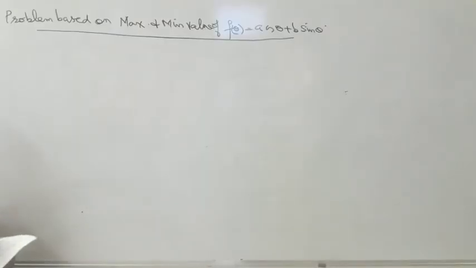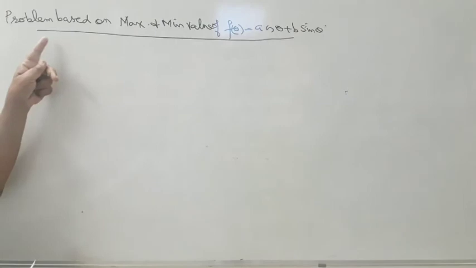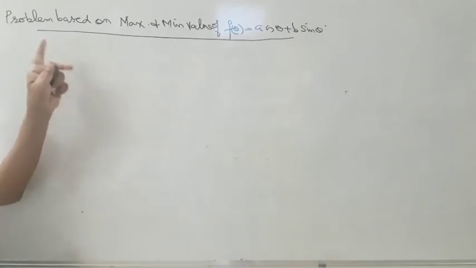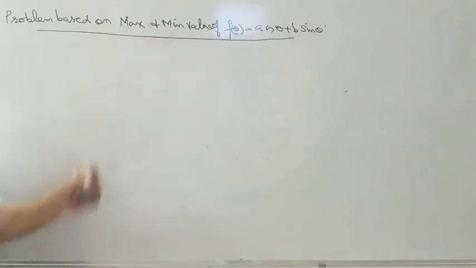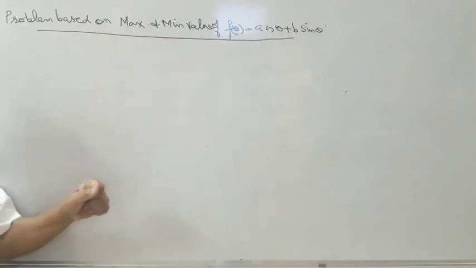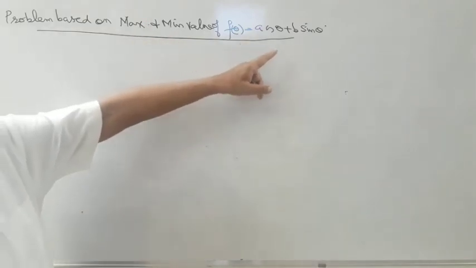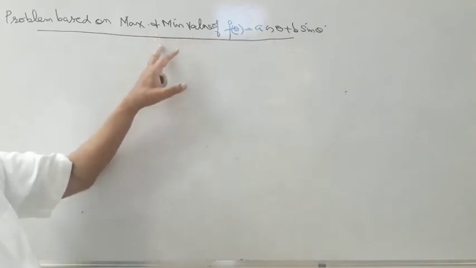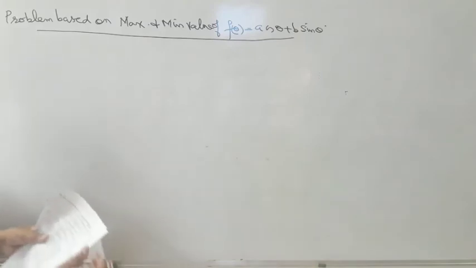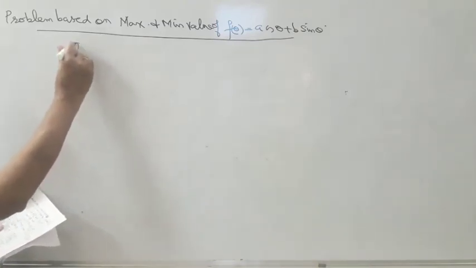See, let us take up a case different from multiple angles. Problem based on maximum and minimum value of f theta is equal to a cos theta plus b sin theta. If you come across a problem of this nature, what do we do here? Take up a question.